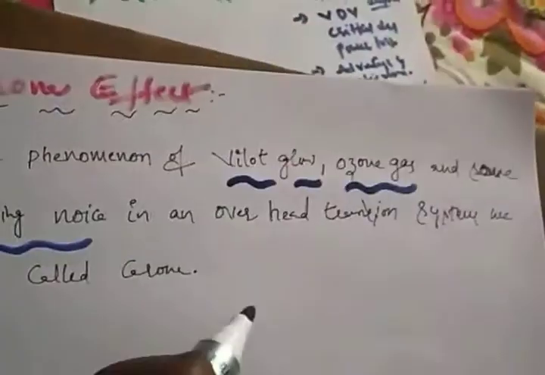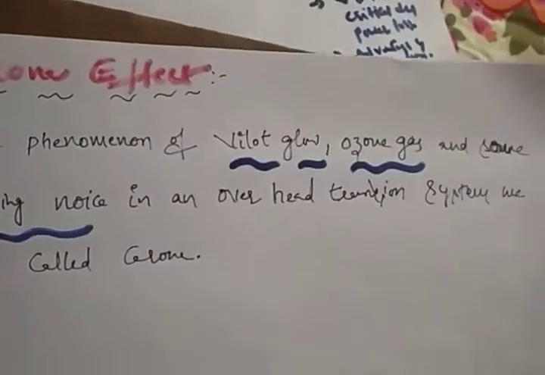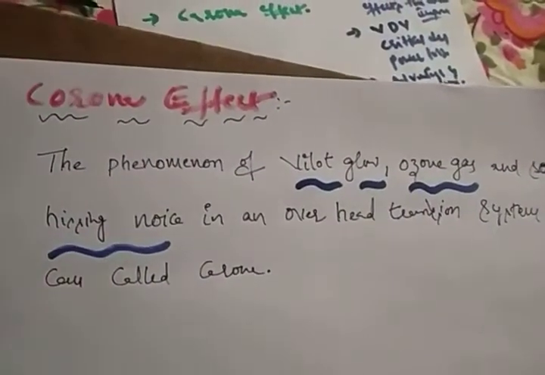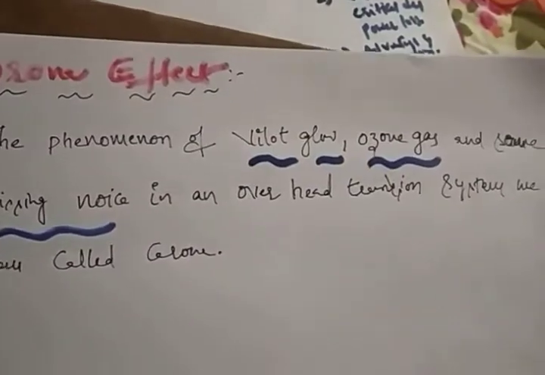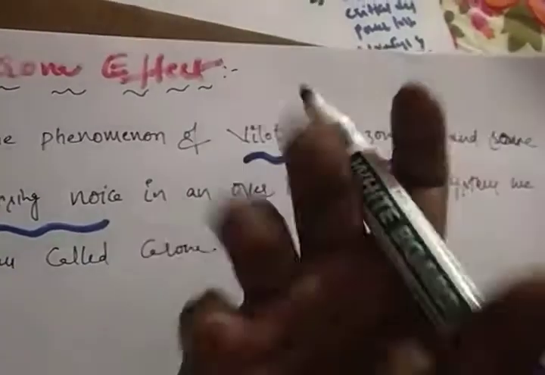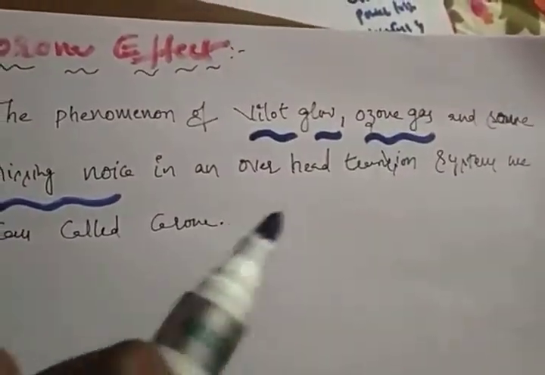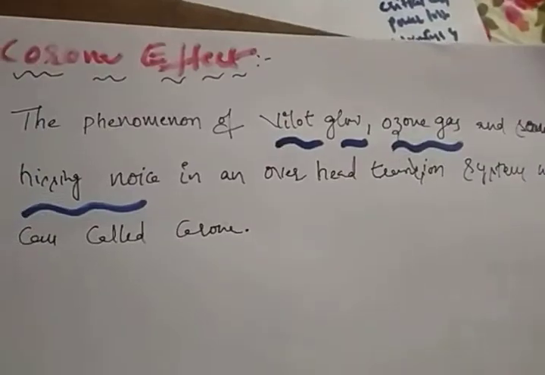If you observe this in an overhead system, we can call that phenomenon a corona, and that effect the corona effect. I'll explain one more time: the phenomenon of violet glow, hissing noise, and ozone gas forming around a conductor in a transmission system, we call a corona. Next we'll see how the corona forms.